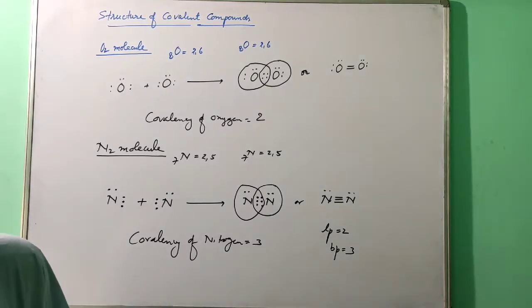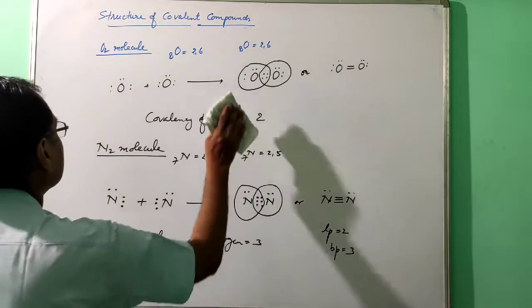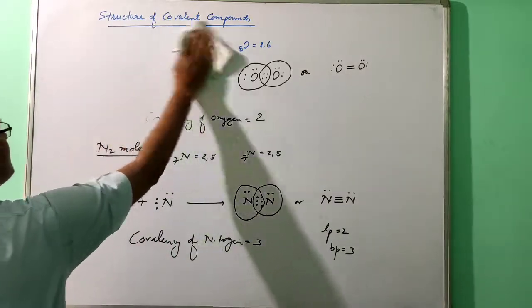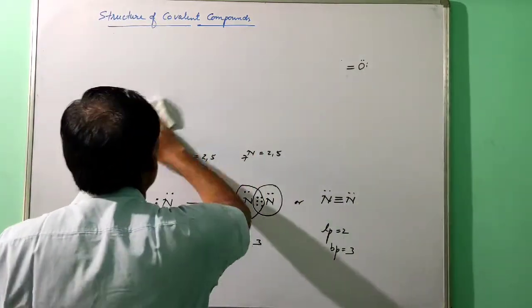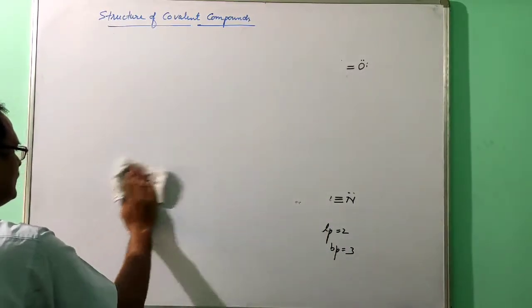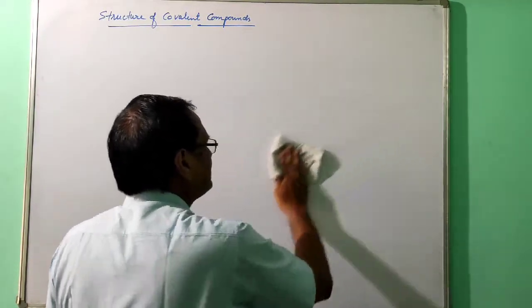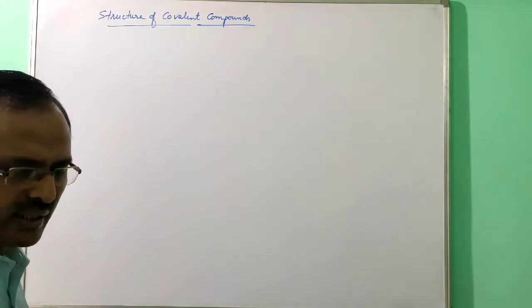Next one is CCl4. The next structure that we will take is CCl4, carbon tetrachloride. So let us see, carbon tetrachloride and CH4 both are non-polar.